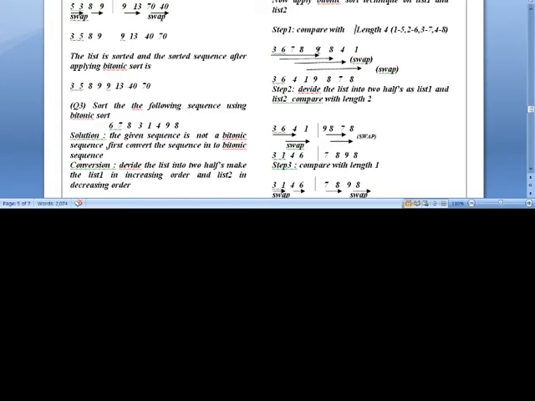Now 3, 9. Write the index values. What is the output for this comparator? 3, 9 only we get. 6, 8: 6, 8 only we get. 7, 4 will get 4, 7. Next 9, 1 will get 1, 9.